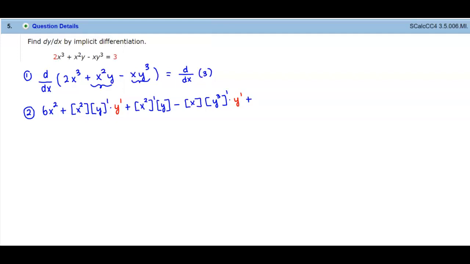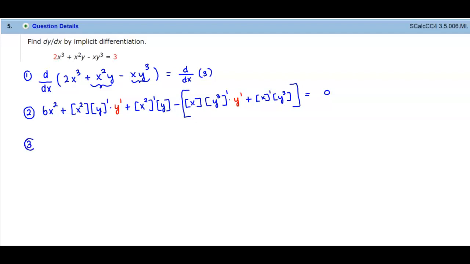Plus, since this is minus, this entire thing, minus is plus the derivative of the first times the second, which is y cubed. And that's going to equal the derivative of 3, which is 0.